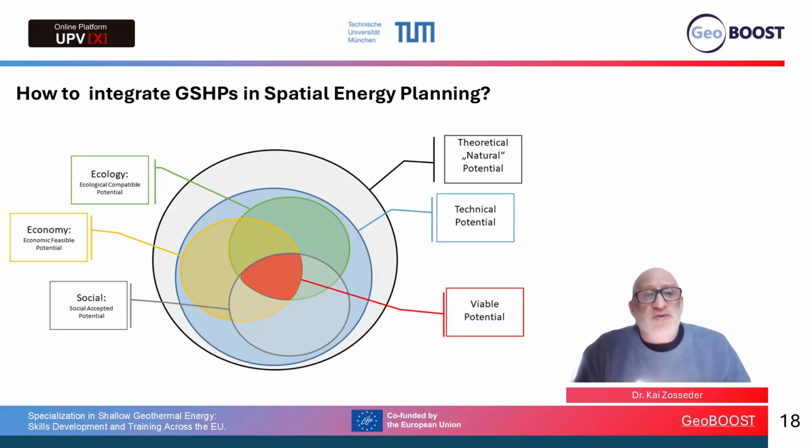And then, of course, there are some ecological aspects: it must be in line with all environmental aspects and regulations, so you cannot set up shallow geothermal, for example, everywhere. If you have a water protection area, it is mostly not allowed to use shallow geothermal here, so the potential is again reduced a little bit.